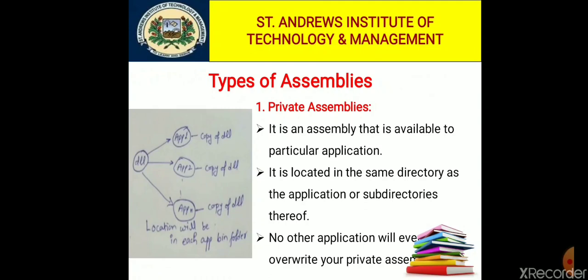It is used by the clients of the same application directory structure as the assembly. Next point, it is located in the same directory as the application or subdirectories thereof. This way you should not have any versioning problems with the application, because all files related to a particular application are located in the same directory.